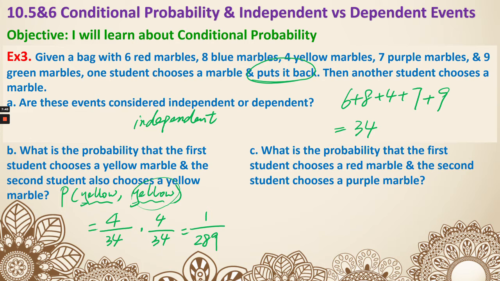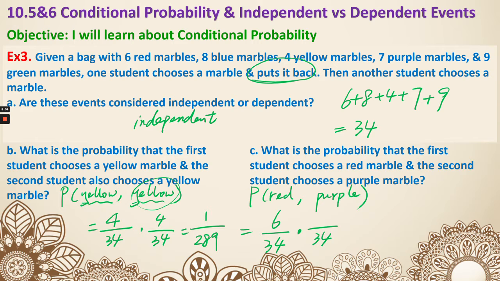That's part B. Part C, what is the probability that the first student chooses a red marble and the second student chooses a purple marble? Let's have a look. Red marble, we have 6 of them, out of 34, that's the total since we're putting it back. So the next round that you pick is still out of 34.